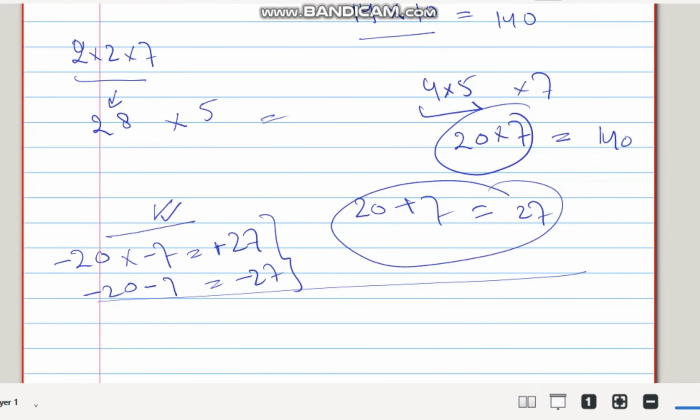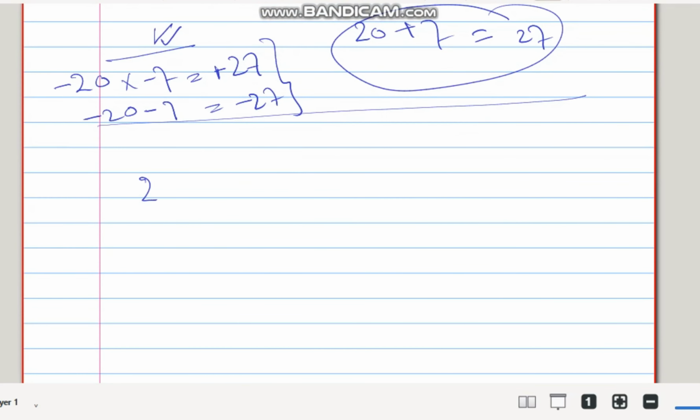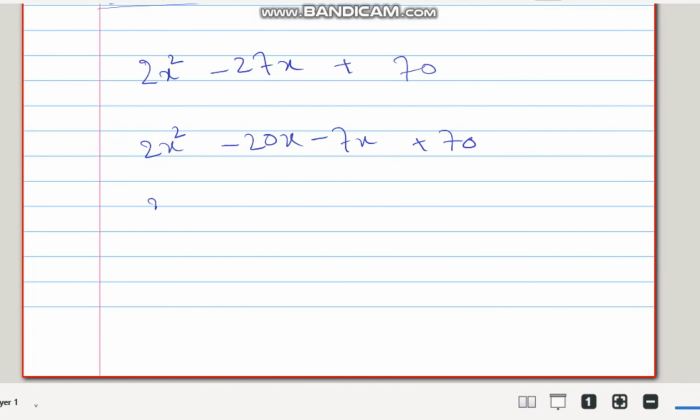So let me write down the equation again, and I will break this. 2x square minus 27x plus 70 is equal to 0. Or, you should not write is equal to 0. Okay, and it is 70. Now just split this. How can we split this? Minus 20x minus 7x plus 70. Okay, yes, and now just take the common again.